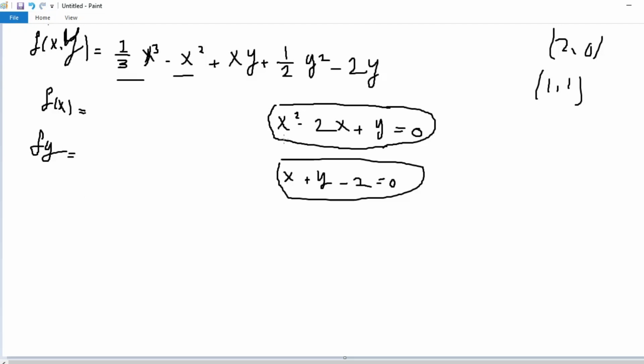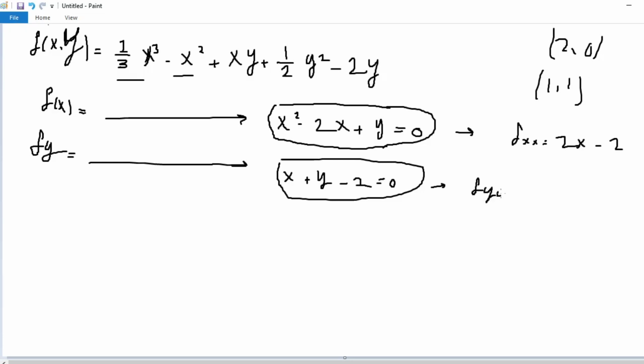From this equation, f double x is going to be 2x minus 2. And from this equation, because it's related to y, f double y is going to be equal to 1.